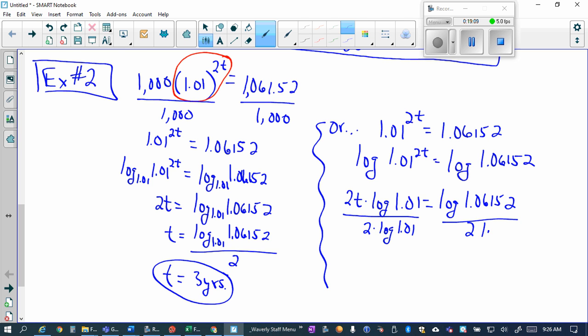So then we have t equals, now be careful. When you put this in the calculator, you better group the denominator in parentheses, especially if you're not using a run-of-the-mill calculator, say on your phone. See if you get 3 years doing it this way. Were you able to get 3 years with this method?